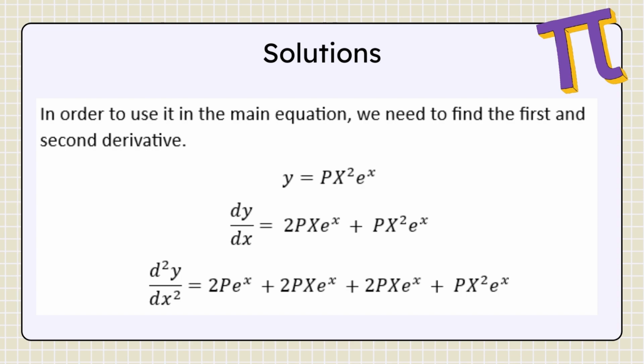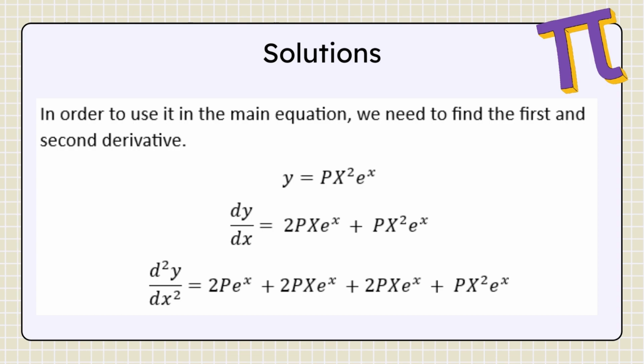So the first derivative of px squared times the exponential to the power of x is equal to 2px times e^x plus px squared e^x, because it's a product rule, because x squared and e^x are two different functions of x.